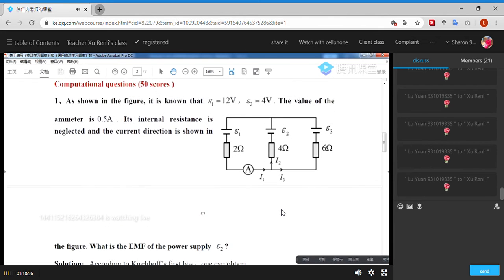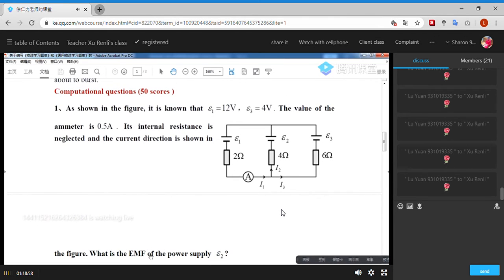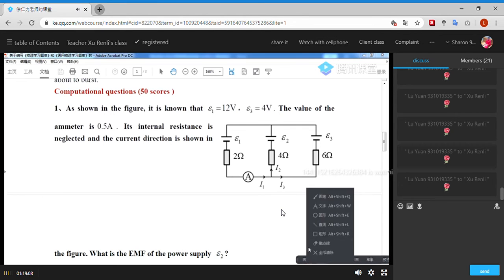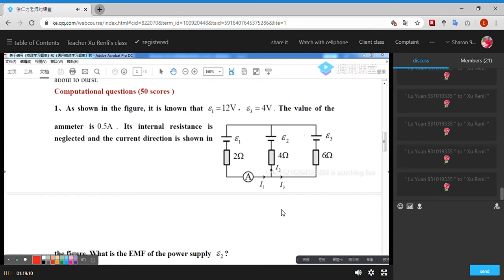What's the EMF of the power supply epsilon 2? What's the value of epsilon 2? The question just tells us EMF 1 and EMF 3, but not EMF 2.